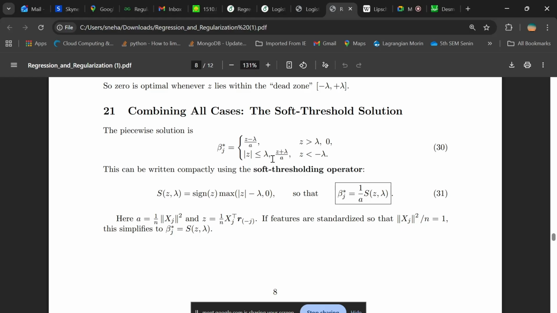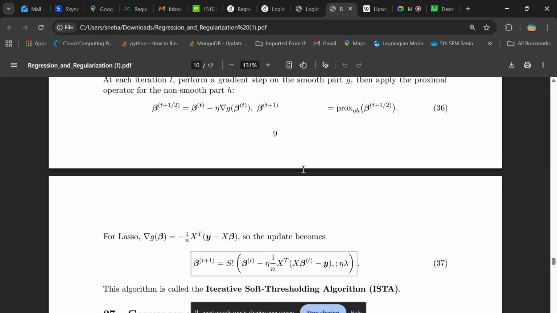Once you have optimized one parameter, you go to the next parameter and you find that r minus 1 becomes 0 for that particular parameter because one of the parameters is already optimized, and immediately z becomes very small, and then beta j star is set to 0. So the weight for that particular parameter is set to 0, and that is what the lasso regressor essentially does.